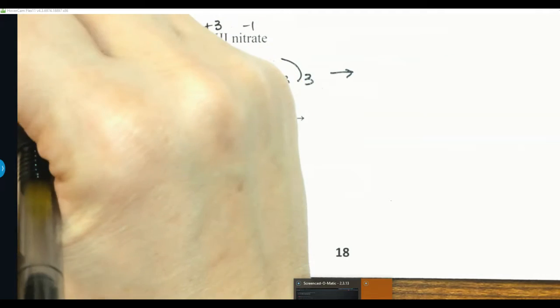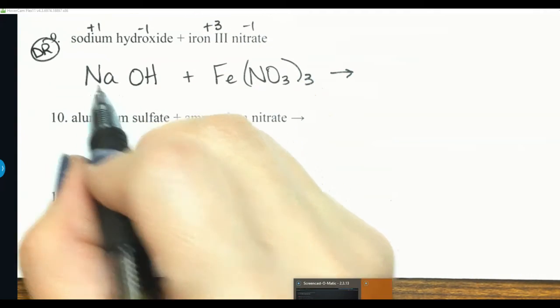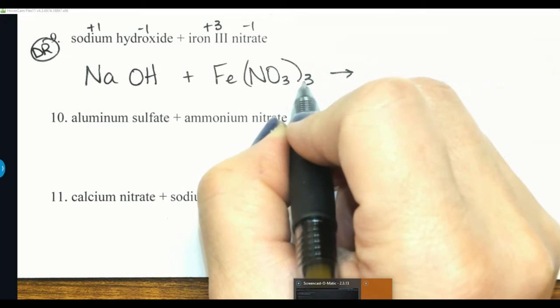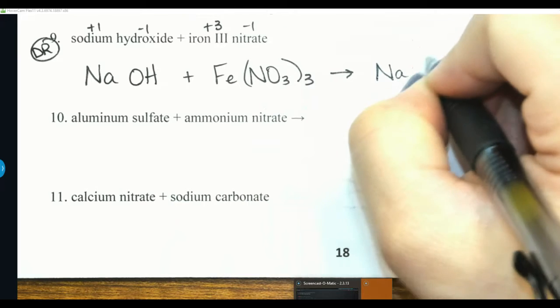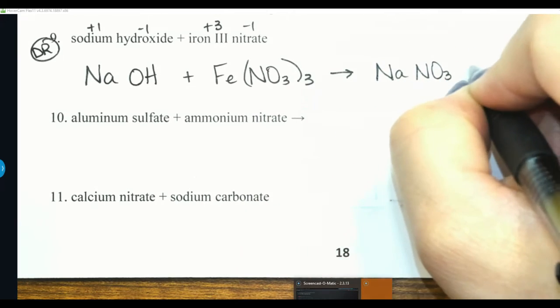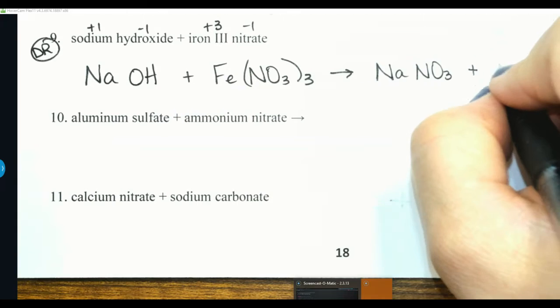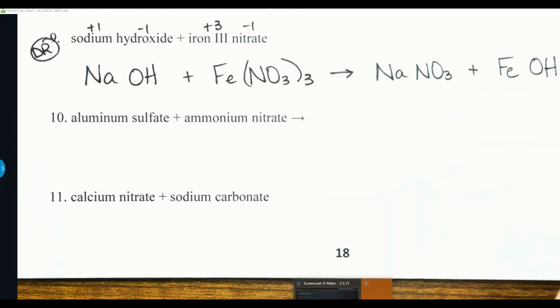So this is a double replacement, which means it's going to be first and last. We are not going to carry this 3 in parentheses, just the NO3 inside the parentheses. So it's going to be Na, NO3, plus third and second, so this is iron and hydroxide.